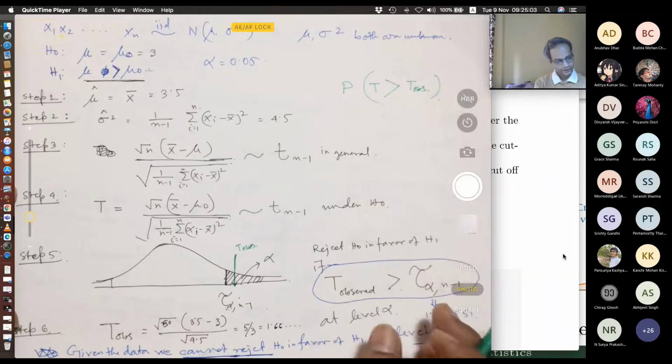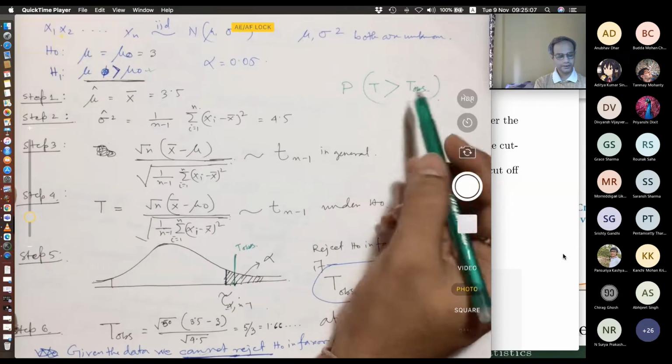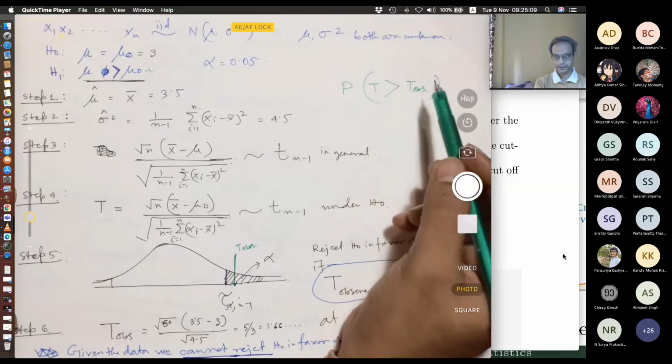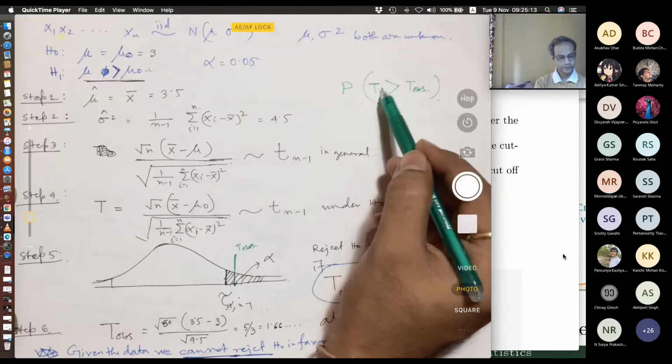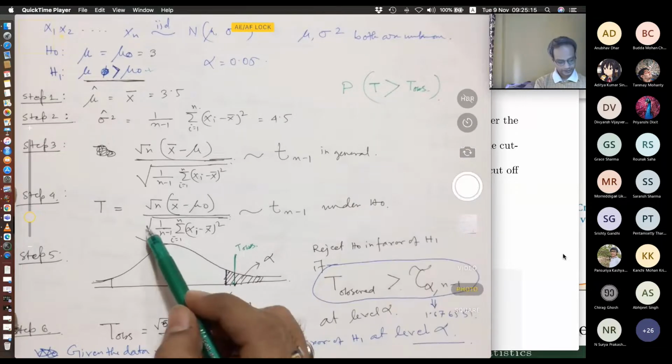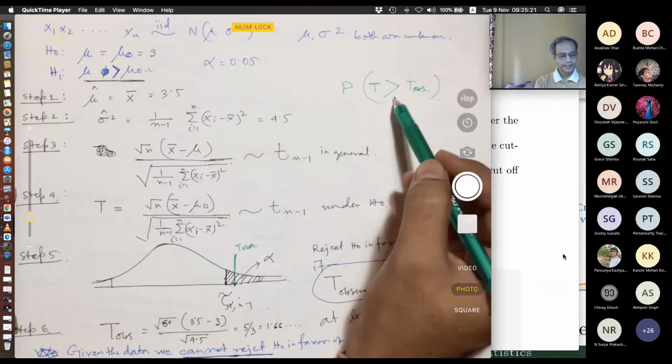So eventually you are mimicking the test condition, but calculating the probability of the test statistic, which under H0 follows t with n minus 1 degrees of freedom.